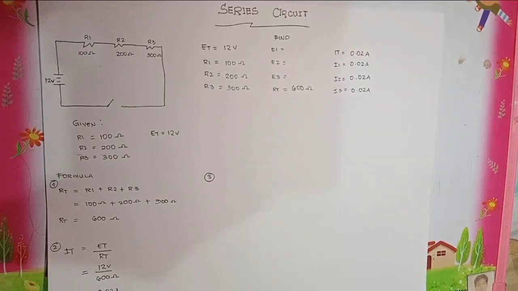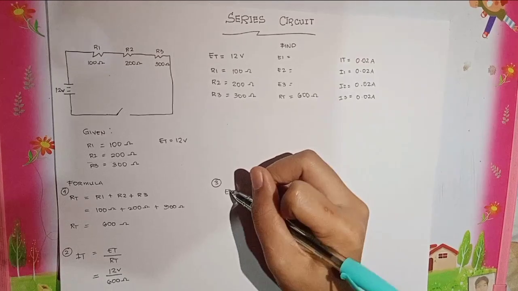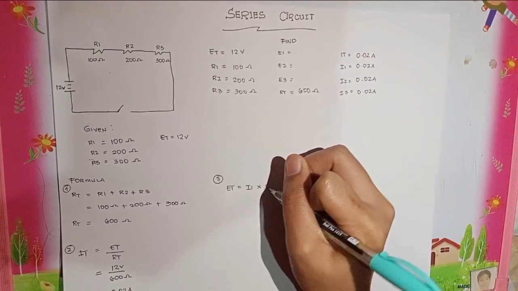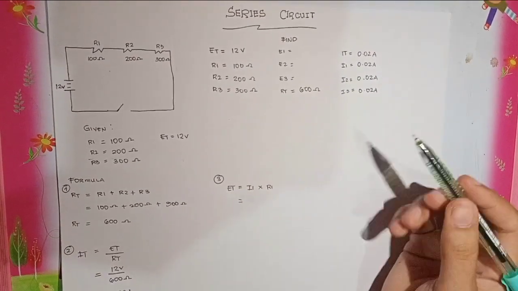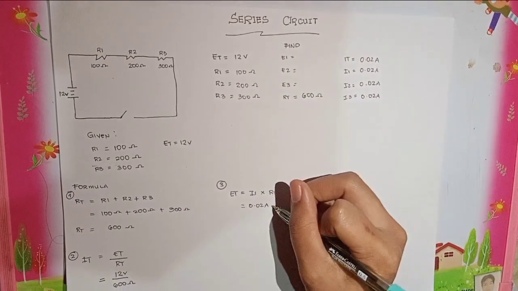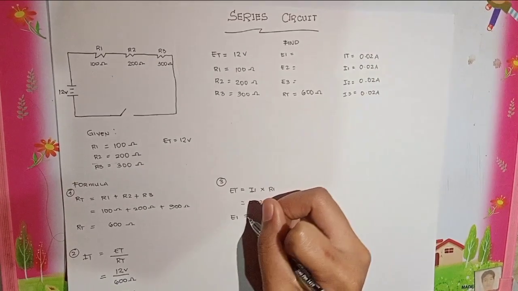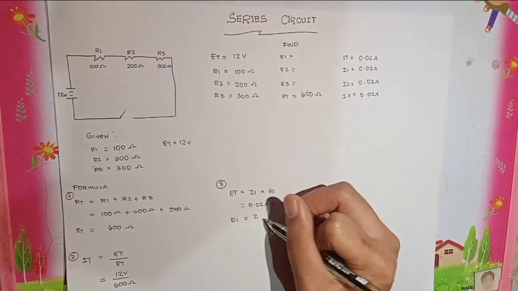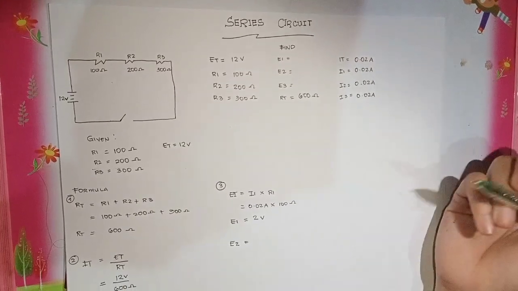So next, we are going to compute the voltages. Voltage 1, E1, is equal to current 1 times resistance 1: 0.02 amperes times 100 ohms. E1 is equal to 2 volts.